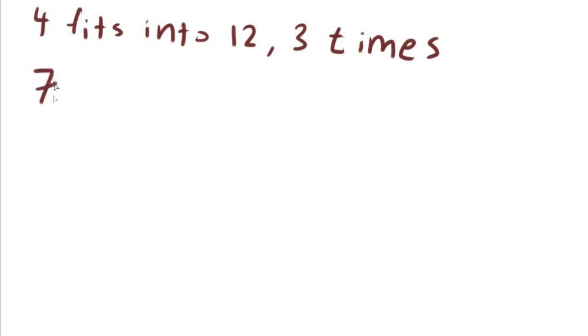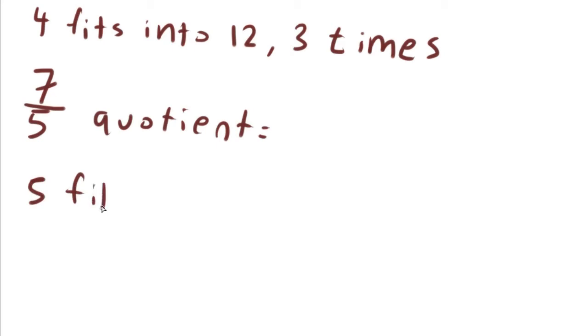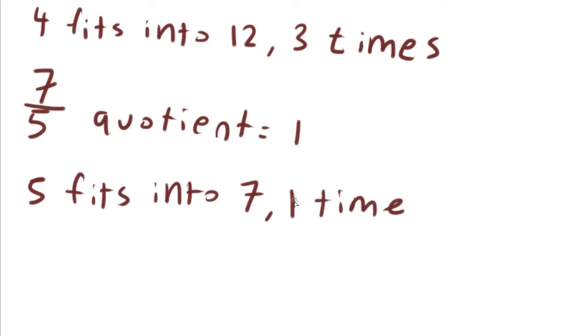Let's try 7 divided by 5. So, the quotient is equal to, alright, so 5 fits into 7, how many times? 1 time, making the quotient 1. You could argue that it's a fraction, but we're looking at a circumstance where only whole numbers will help you out.